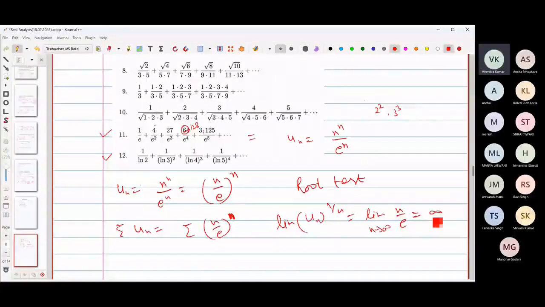So this is going to be infinity. So is this convergent or divergent using the root test?